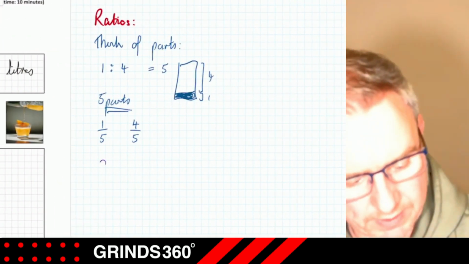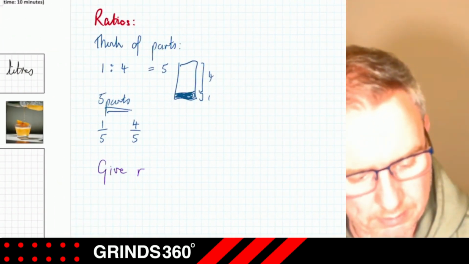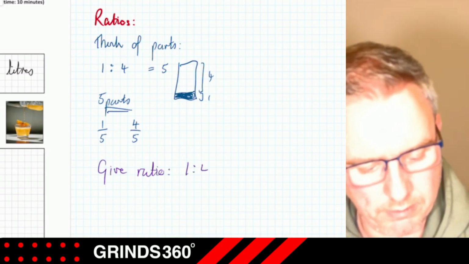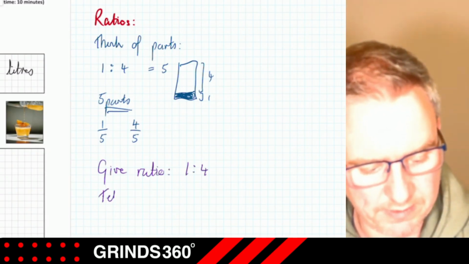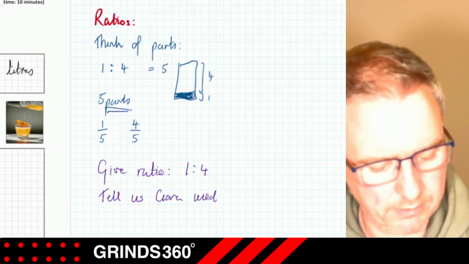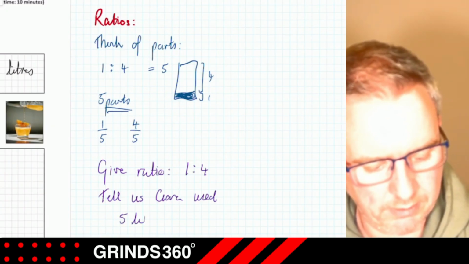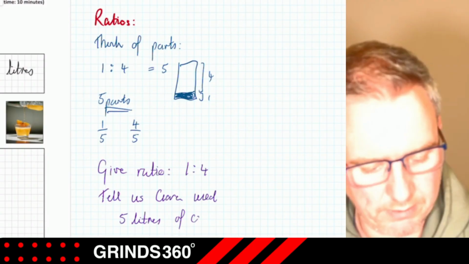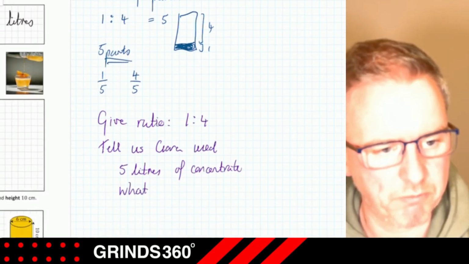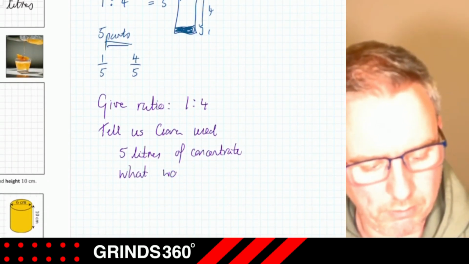So they could give the ratio 1:4, and then they could tell us Kira used 5 litres of concentrate. And then they could say, what was the total?